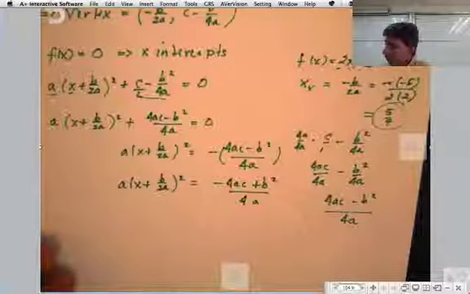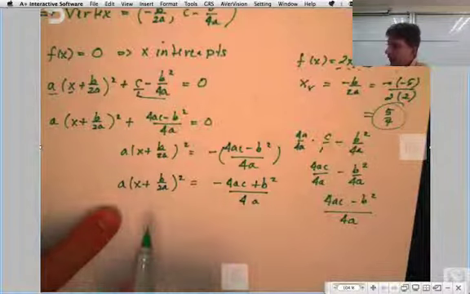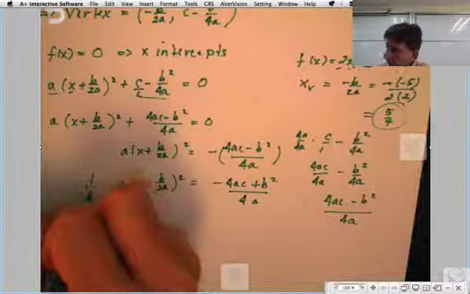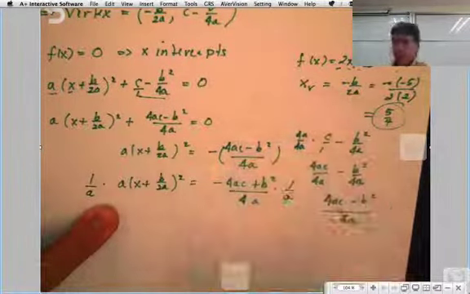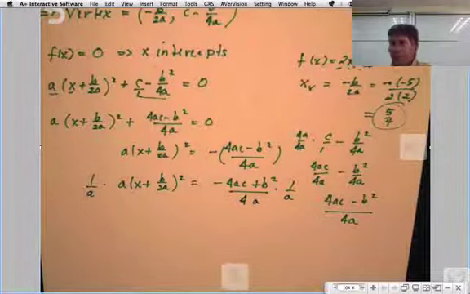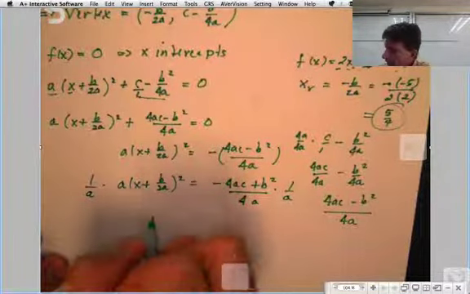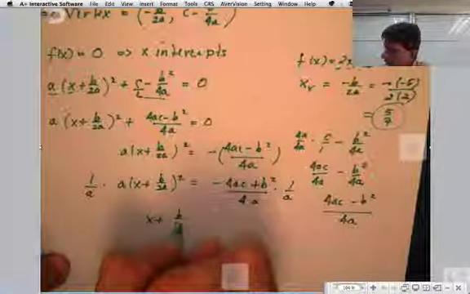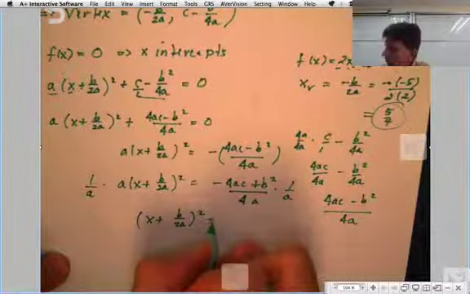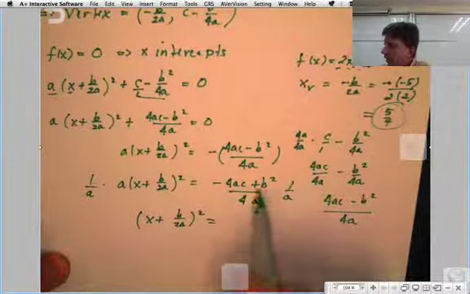All right, we're getting close now. So the next step would be to multiply both sides by 1 over a. So doing that gives me (x plus b over 2a) quantity squared is equal to 1 over a times this fraction.